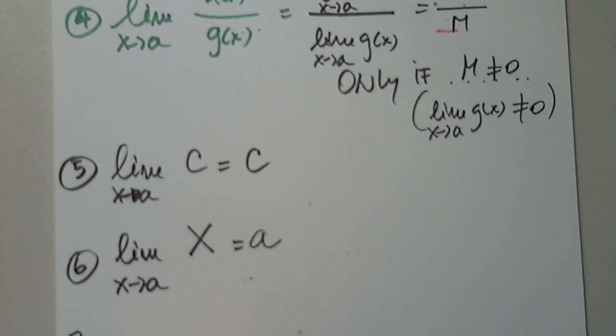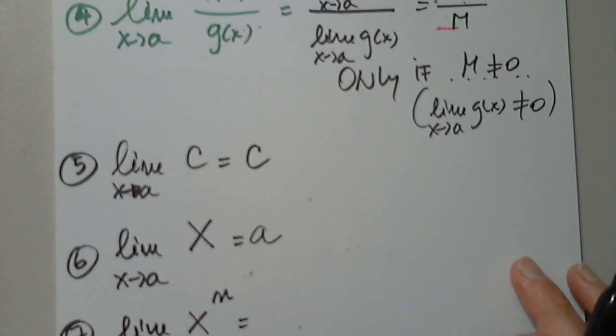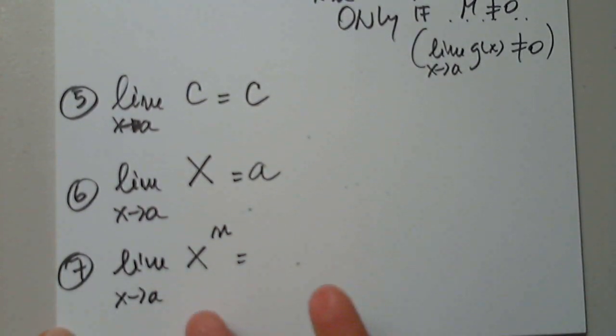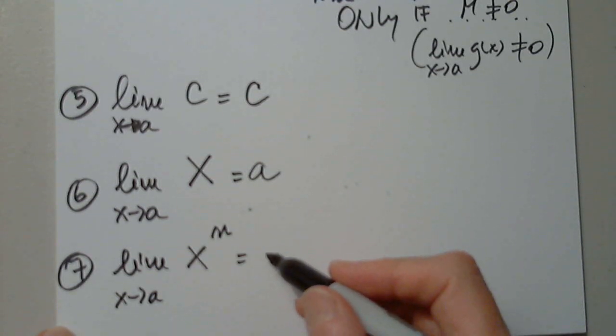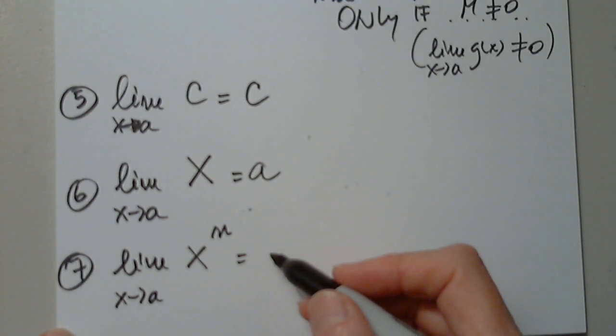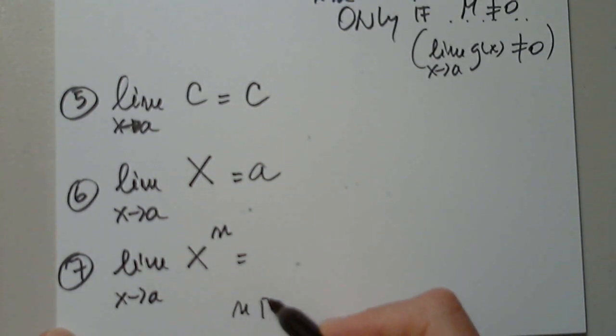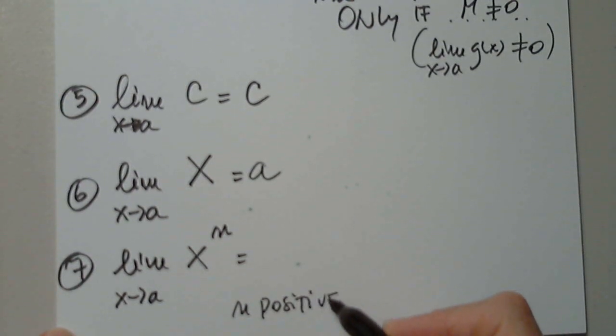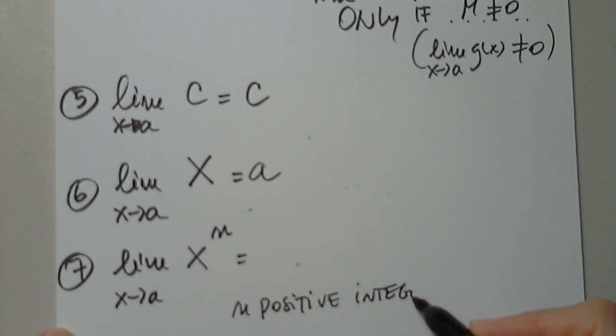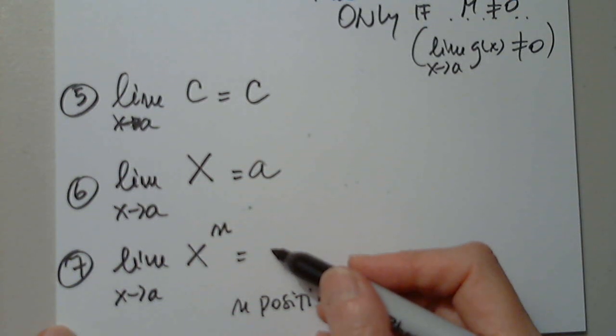Good. What about the limit of x to the nth power as x approaches a? Again, I don't call this a limit law because this is a polynomial. So what will I write as the answer? So n positive integer. So what is the answer now?